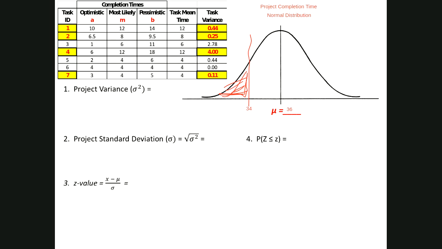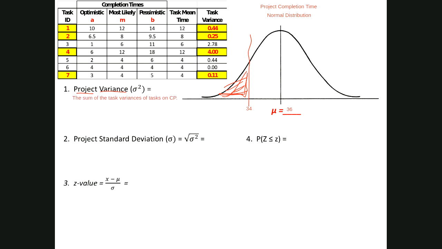The first step is to determine the project's variance, not the task variance, but the project's variance. The project variance is the sum of the task variances of tasks on the critical path.